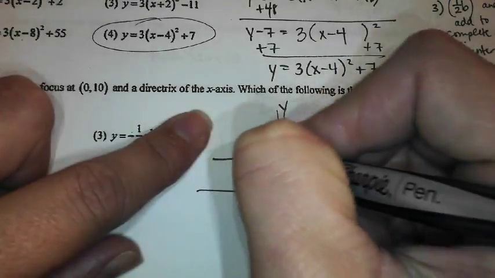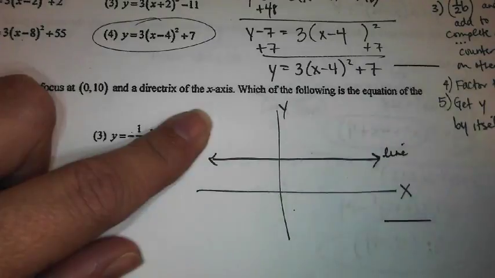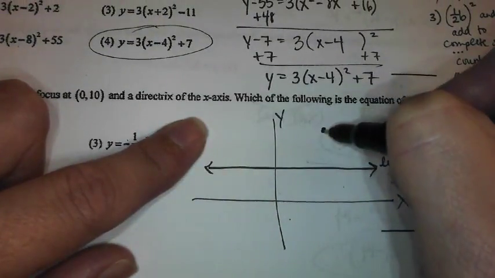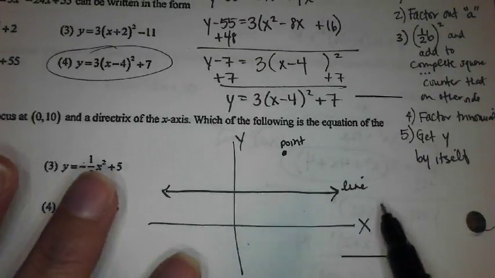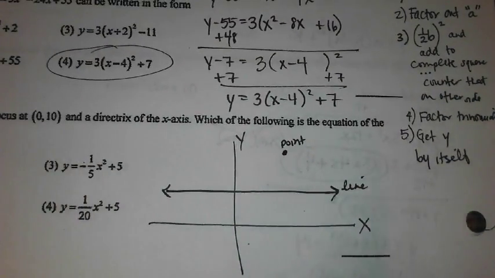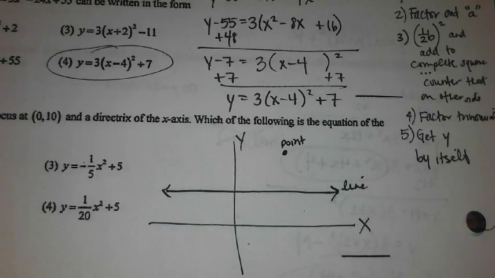So like, let me give you a line like this. This would be my fixed line and a fixed point. Okay? If I asked you to find a point that's equidistant from the line and from the point, where would be the first place you'd all draw a point?